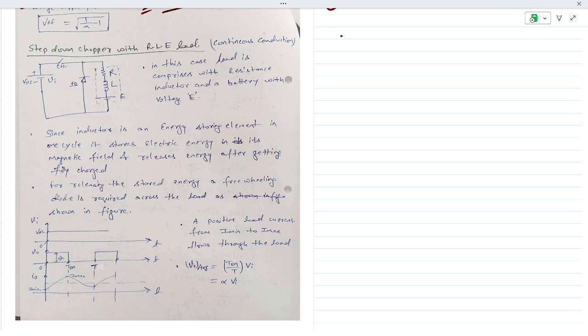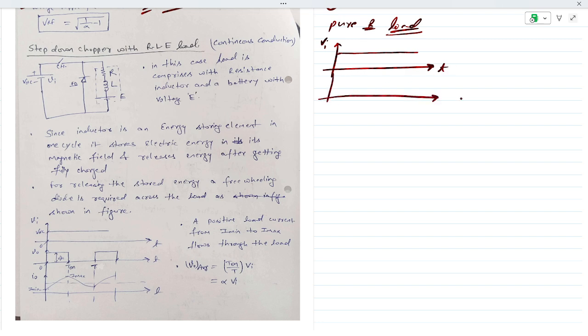So in the previous video, we have seen the buck converter with a pure resistive load, pure R load. And for that case, if we draw the input and output voltage relationship, let's say this is the input voltage, which is constant since it is a DC voltage with respect to time. And the output voltage waveform depends on the switching.